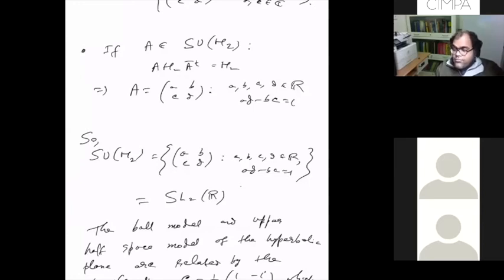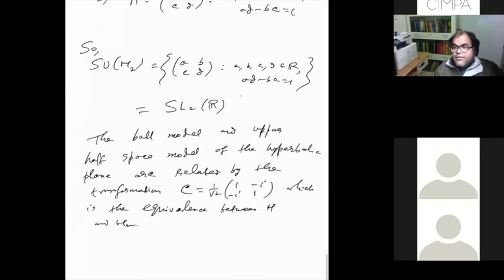Now, when we view C using π, it takes the form C(Z) = (Z - i)/(-iZ + 1).